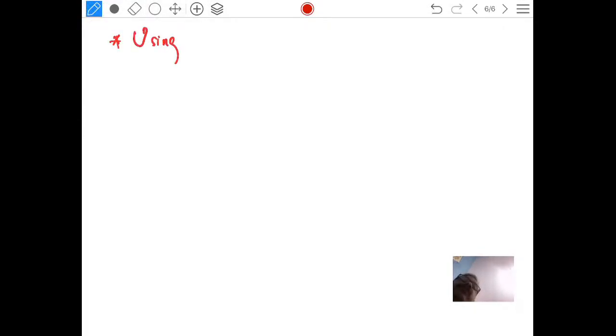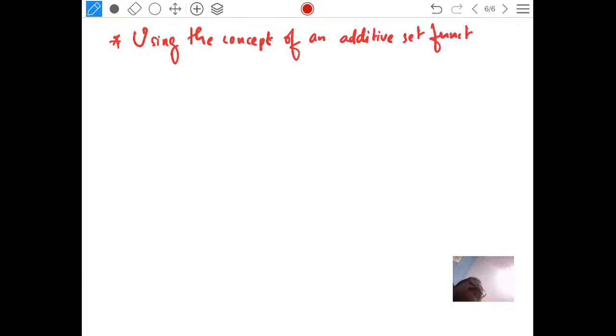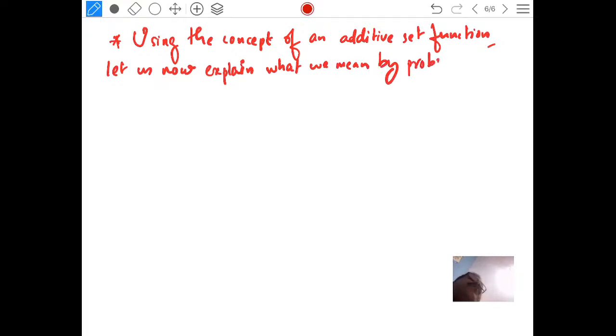Using the concept of an additive set function, let us now explain what we mean by probability of an event.